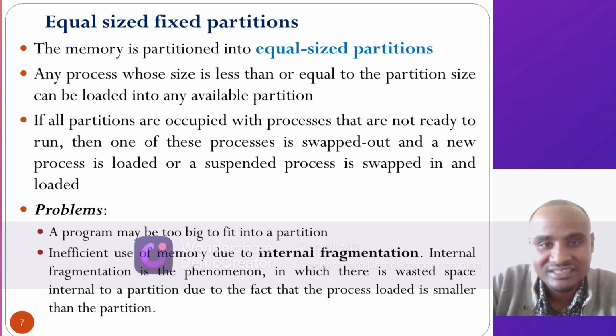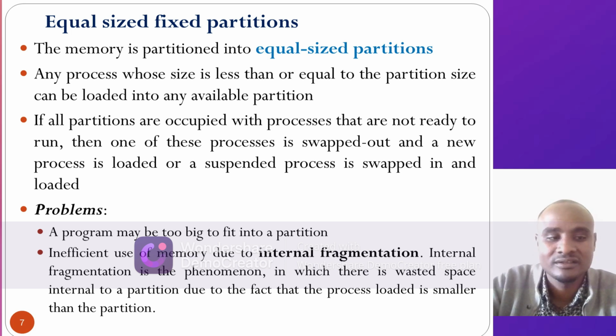Any process whose size is less than or equal to the partition size can be loaded into any available partition. Otherwise the process may run out of memory and may not run on the computer system.